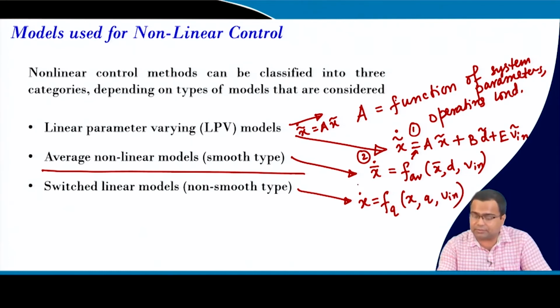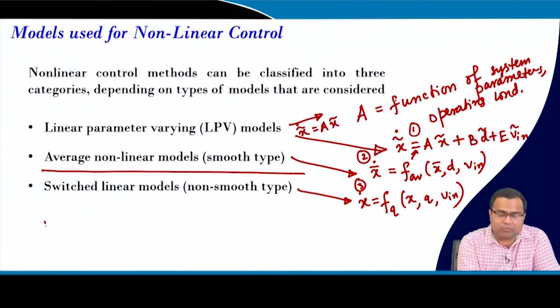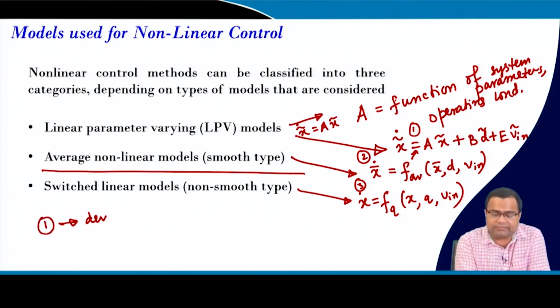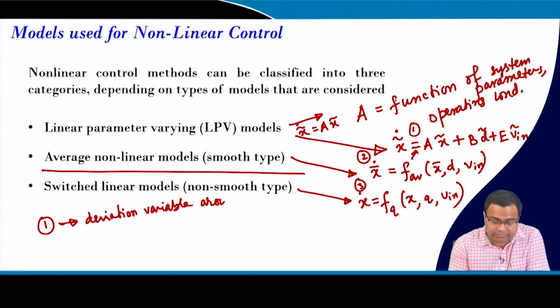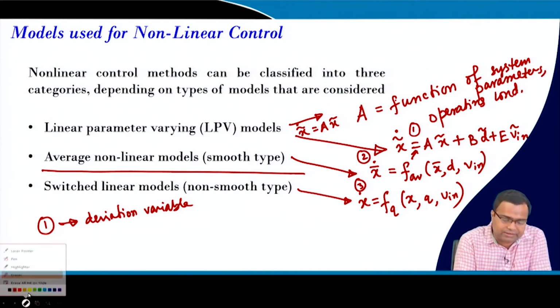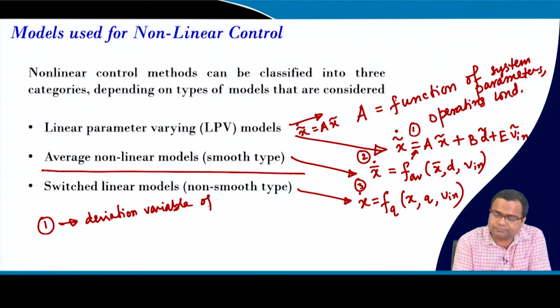So, there are certain perspectives. Model number one considers only the deviation variable, that is, the deviation of x average around the x steady state.